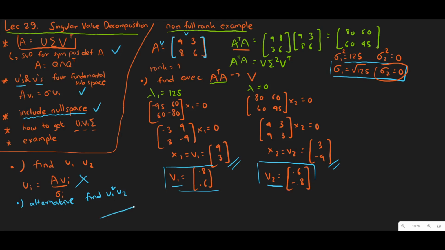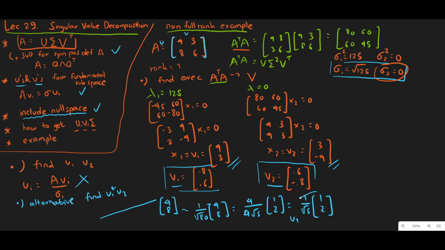So imagine that we have a subspace that only consists of the 4, 8 line, and when we normalize it to a unit vector, it becomes 1 over square root of 5 times 1, 2. So this is our U1, we can say.